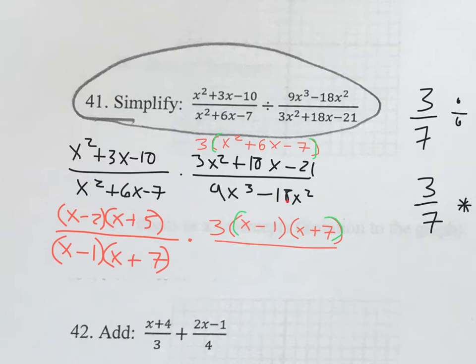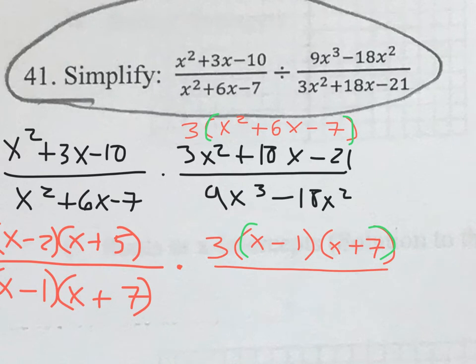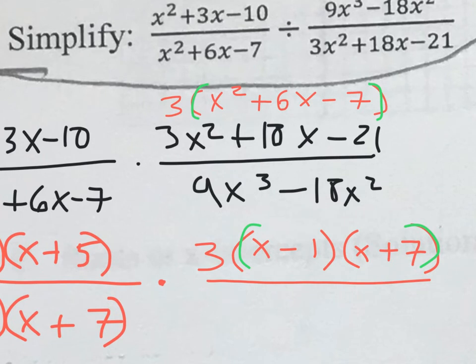Similarly, there is most definitely a GCF going on down here. I'm going to zoom in and write it in blue. This could be rewritten as 9x squared times x minus 2.